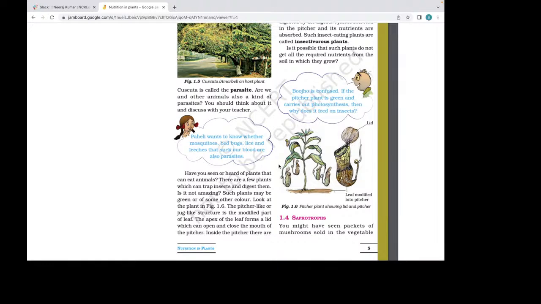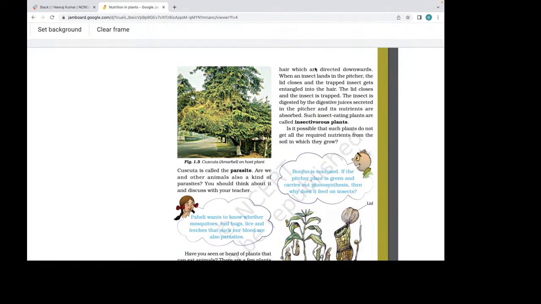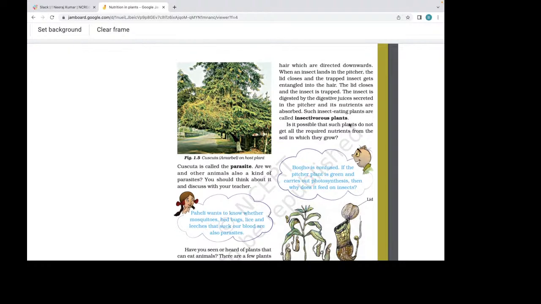Inside the pitcher, there are hairs which are directed downwards. When an insect lands in this pitcher, the lid closes and the trapped insect gets entangled in the hair. The lid closes and the insect is trapped.